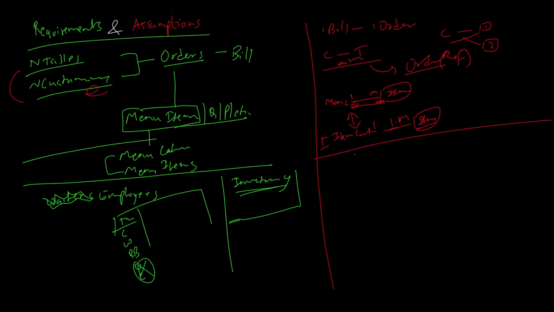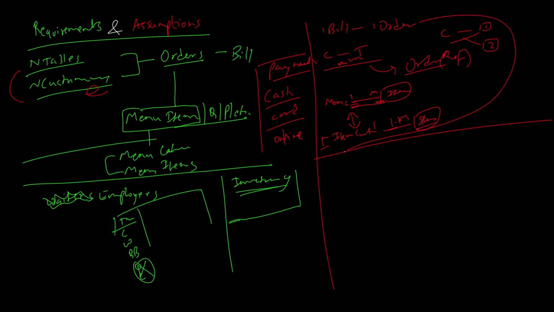Now, if you are doing any payment kind of details, let's talk about payments. You are doing cash or a card or online net banking or some kind of payment, then you need to store that information in some place, right? Then every order will have one bill, and one bill will have one payment detail associated with it.